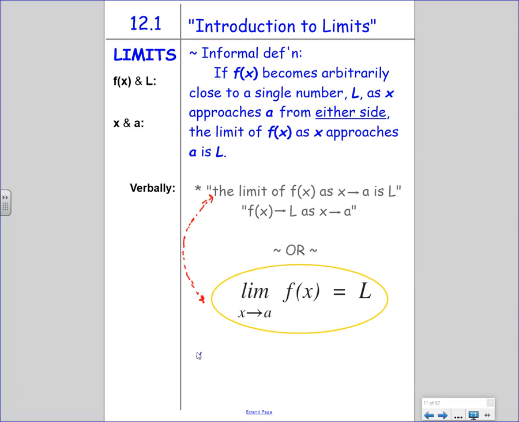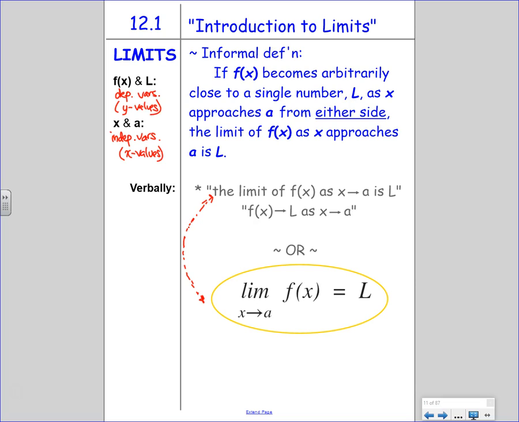Now, a couple things real quick. F and L go together as types of values, and X and A go together as types of values, because if X is approaching A, they must be a similar type or a similar variable or a similar measurement. So therefore, X and A are both independent variables or independent values, so we could say X values, whereas F of X and L are dependent variables, and so Y values.